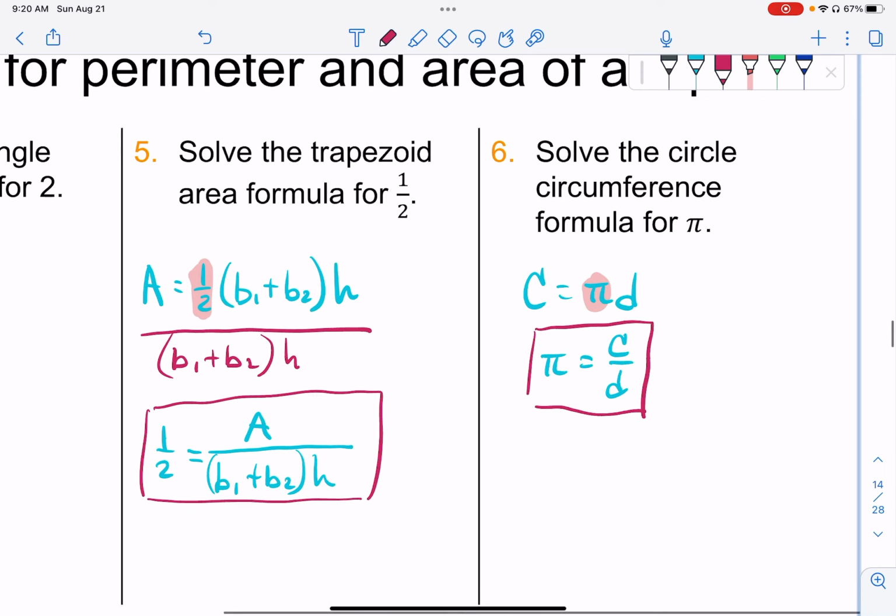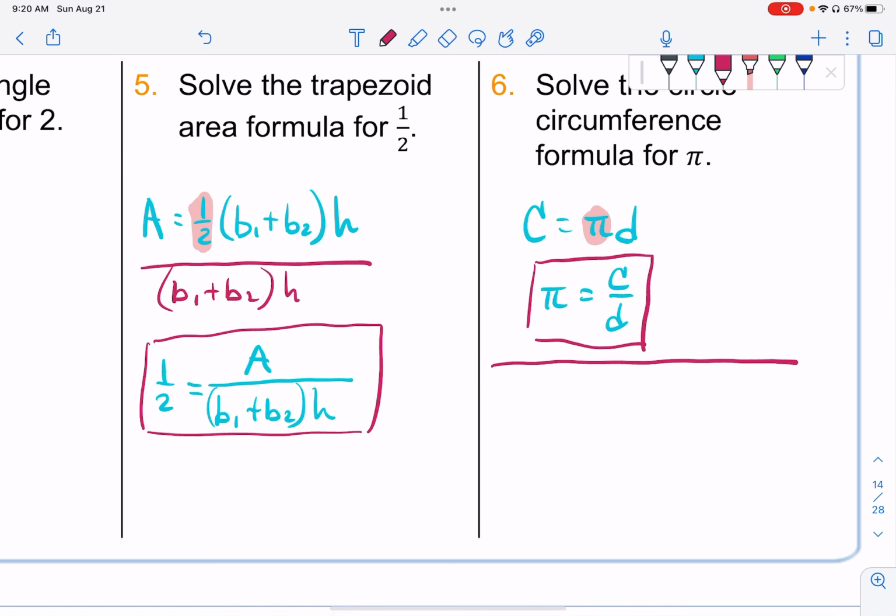Okay, but what if you used the other formula, which is c is equal to 2 pi r? We're trying to get rid of the pi here. So notice that both the 2 and the r are being multiplied times pi. Don't get rid of them in two separate steps. Get rid of them in the same step because they're using just a single operation, which is multiplication.